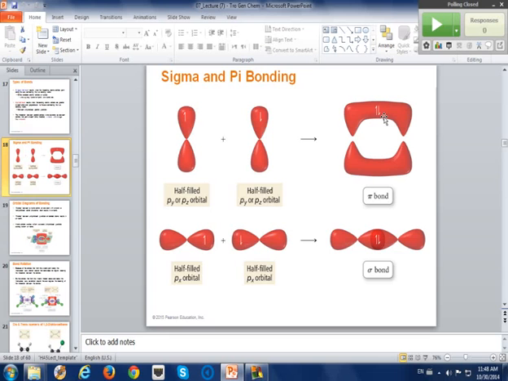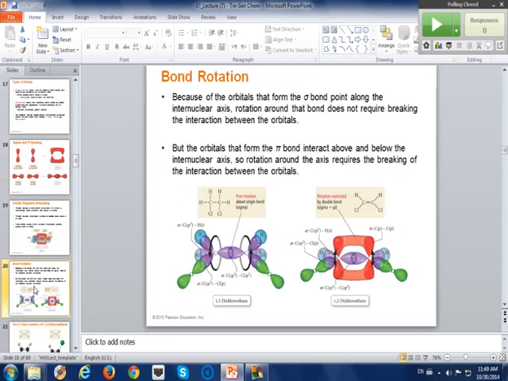If we took, say, these two atoms and rotated one of the atoms relative to the other about the z-axis, then that would break the overlap, breaking the pi bond. And so molecules having pi bonds, the pi bond presents a barrier to such bond rotations.